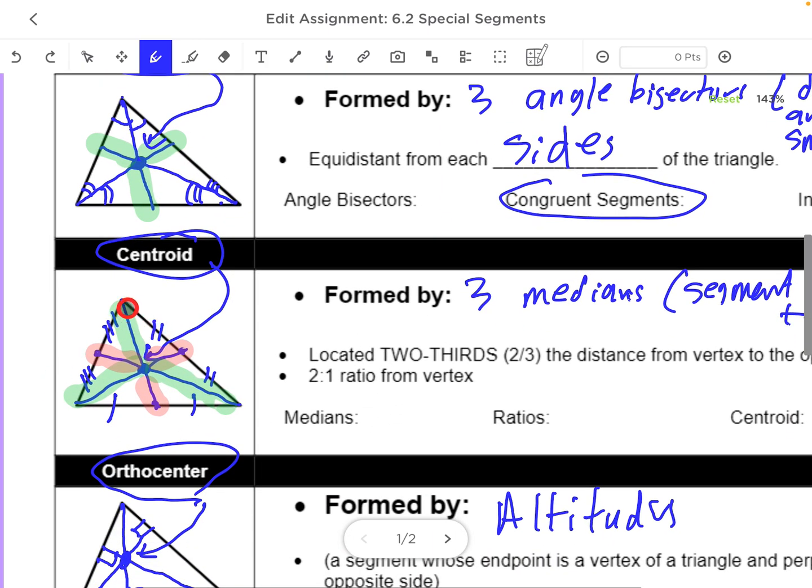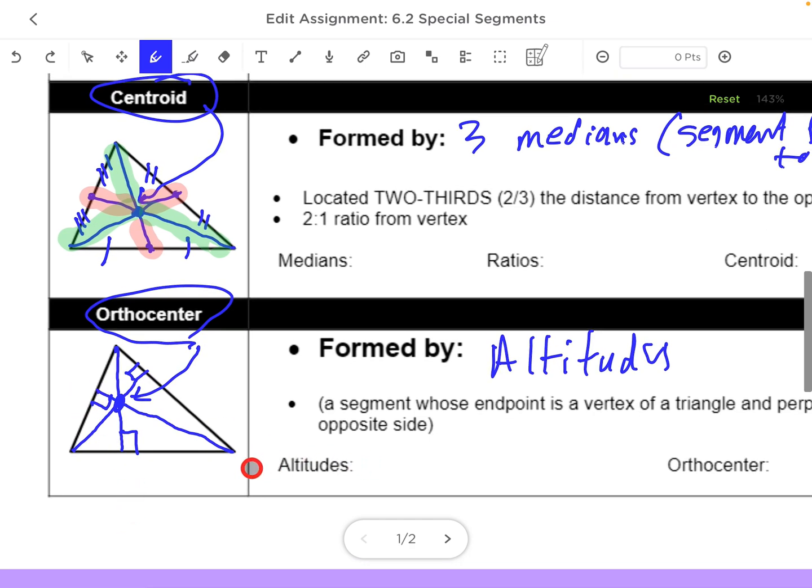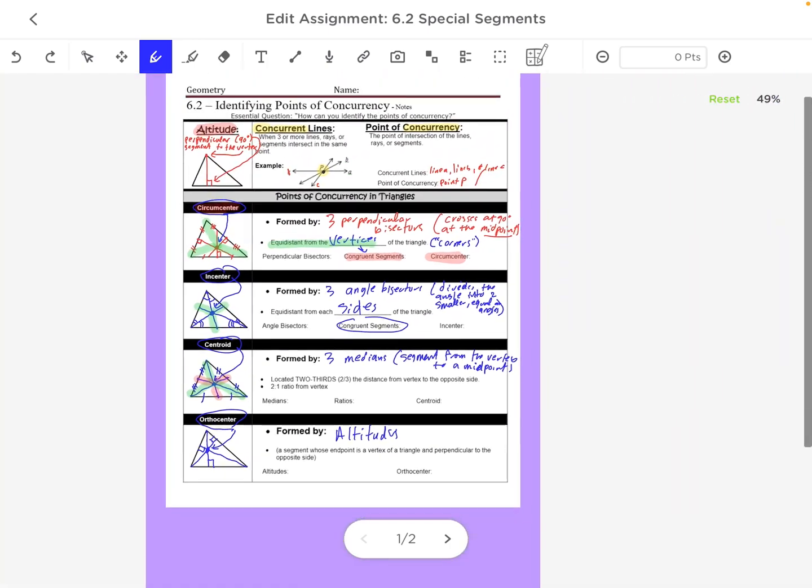The third one is the centroid. That's created by medians. We start in the middle, go to that vertex, and wherever those 3 cross, it's the centroid. And then the last one we said was the orthocenter. It's created by going from the vertex to a perpendicular at the base. Those are called altitudes, so those 3 make the orthocenter. Those are our first 4 right there.